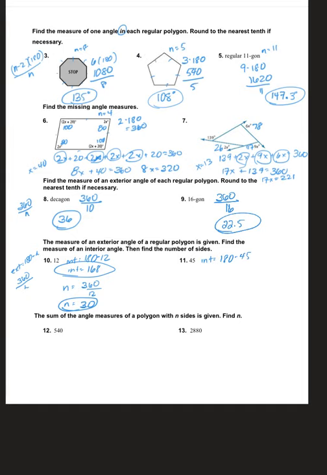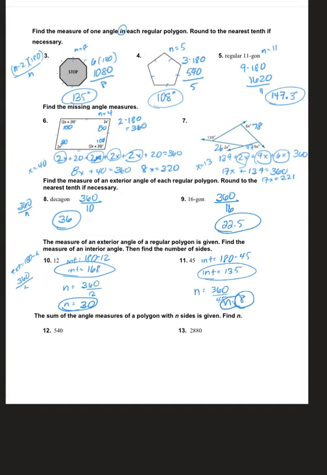So in this case, 180 minus 45 is 135. So interior angle is 135. To find the number of sides, we do 360 divided by that number it gave us. So 360 divided by 45 is 8. So this shape has 8 sides. Oops, n equals 8.